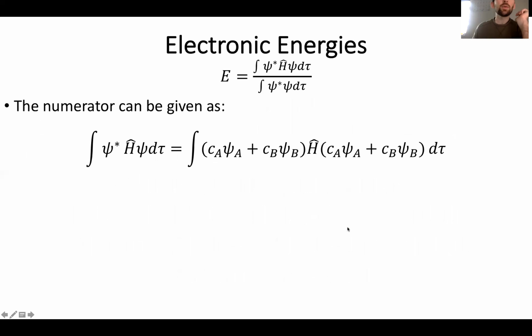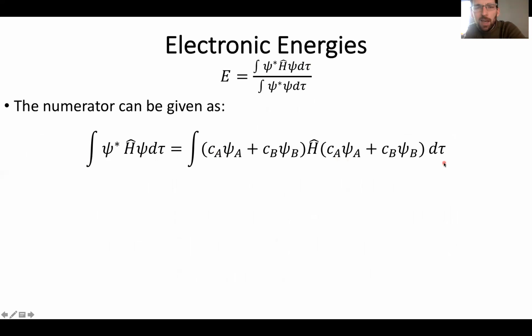So that brings us back to the numerator. So now we have to go ahead and play with this guy. And when we do, we can more or less play the same trick we did before. We can insert the polynomial expression for each of our atomic orbitals into our wave function.